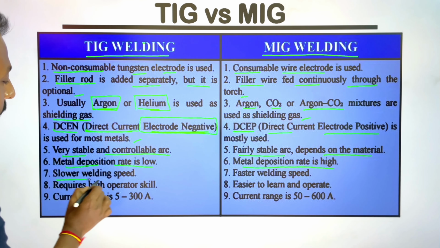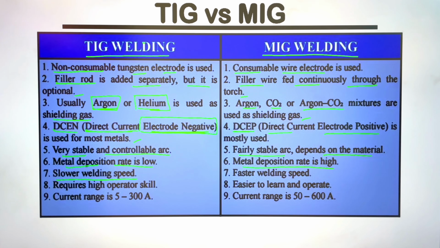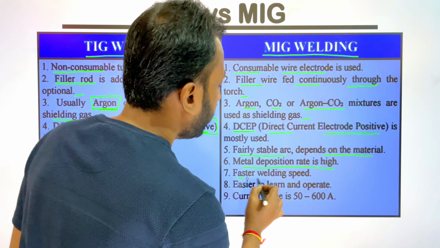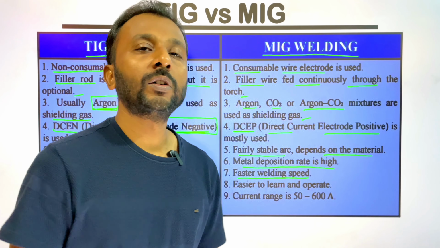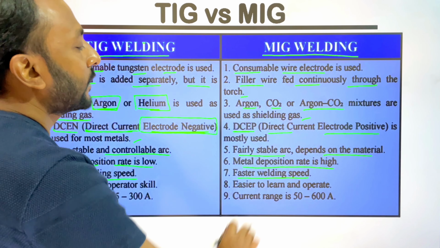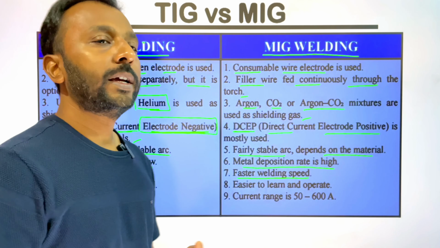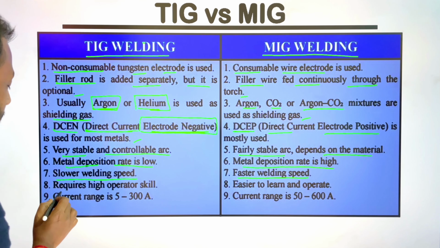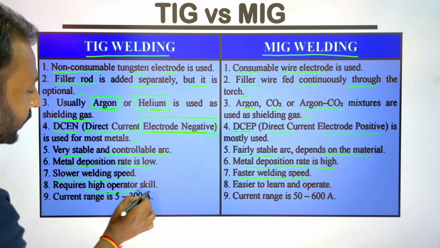Next, we get slower welding speed in TIG welding, but in MIG welding the welding speed is faster because it is fully automatic, and the filler wire is fed automatically and continuously. Next, TIG welding requires high operator skill.